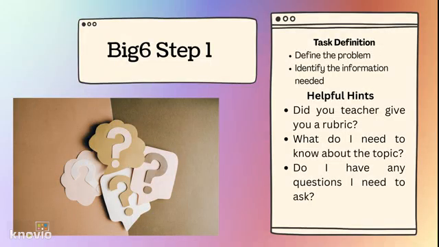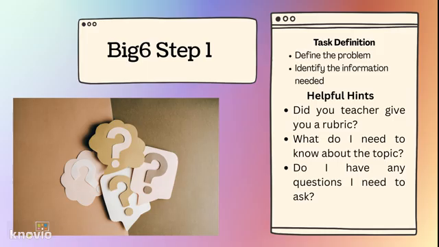So, the Big 6, the very first step you should do, is called task definition. And so, you're going to define the problem and identify the information needed. So, what does that mean? So, you're going to come up with your question. What do you want to problem solve? And so, some helpful hints with that: did your teacher give you a rubric?